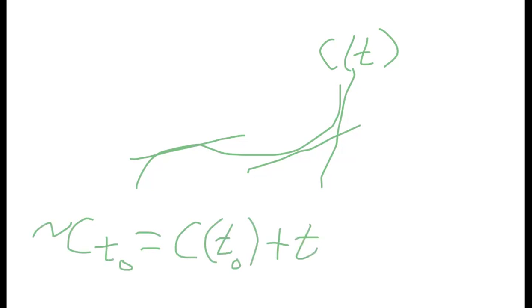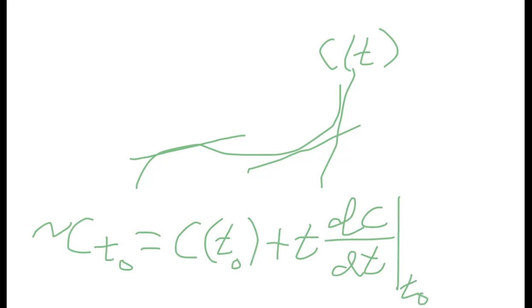We can go on to linearize our restriction by saying C, approximately around some time t naught, is equal to C at t naught plus t times dC/dt, defined at t naught. So that's our linearization.